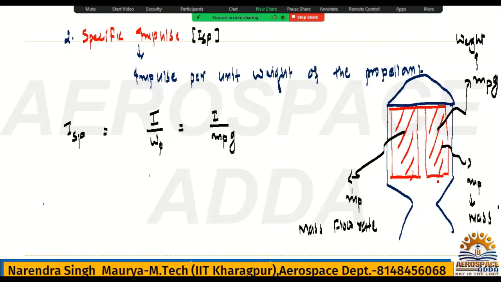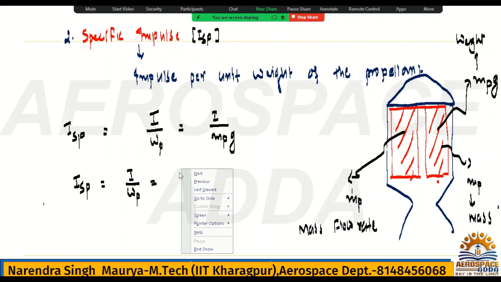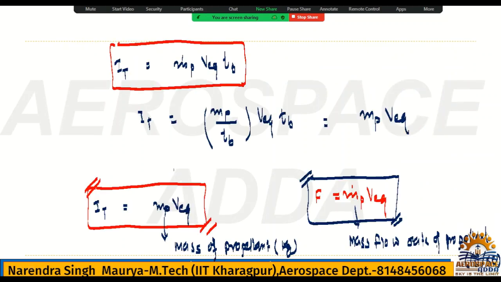Now here you can check: ISP is nothing but I divided by WP. What is the value of I? Just now you have seen, I is the total impulse, and it is nothing but MP into V equivalent.